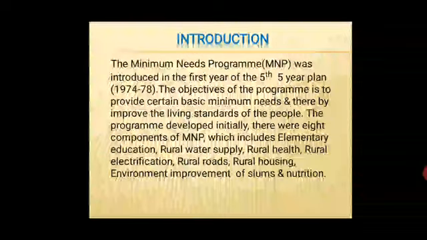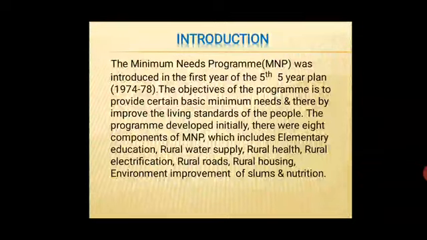Initially, there were 8 components of the Minimum Needs Program, from the starting stage. The 8 components are: elementary education, rural water supply, rural health, rural electrification, rural roads, rural housing, environment improvement of slums, and nutrition.